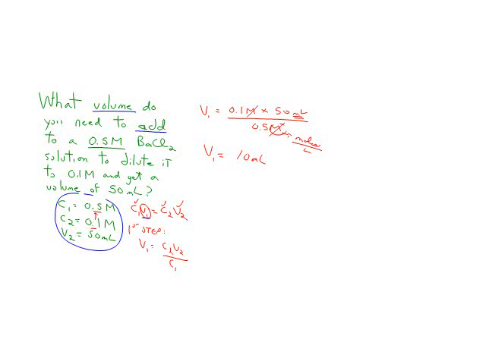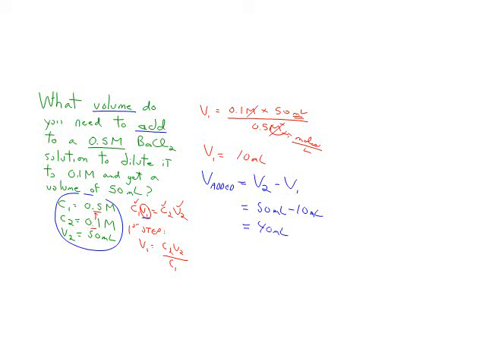Now, to get what you need to add, since we have to finish up with 50 mLs, volume added is always equal to what you have to end up with, final, minus what you need from your initial. So it is 50 milliliters minus what we're going to take from whatever initial volume we have, and so it is 40 milliliters.